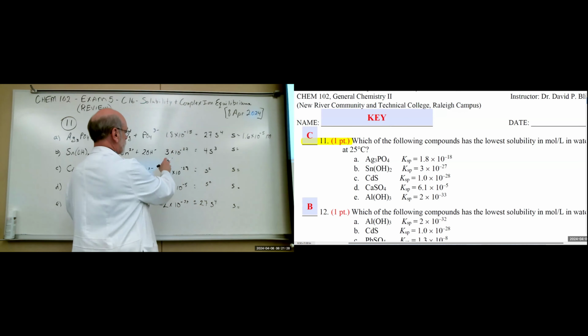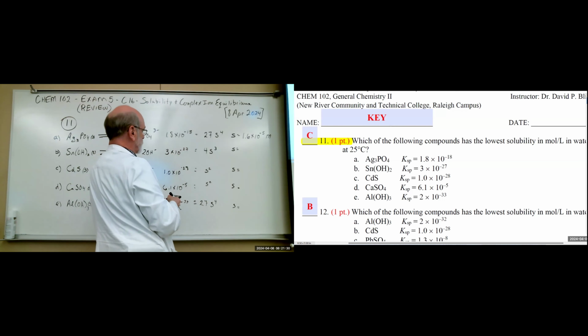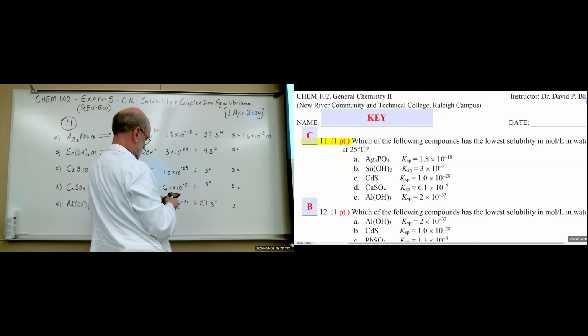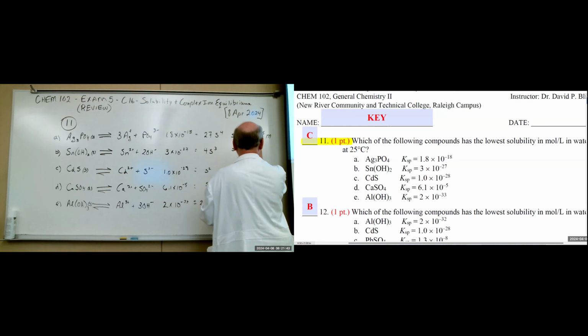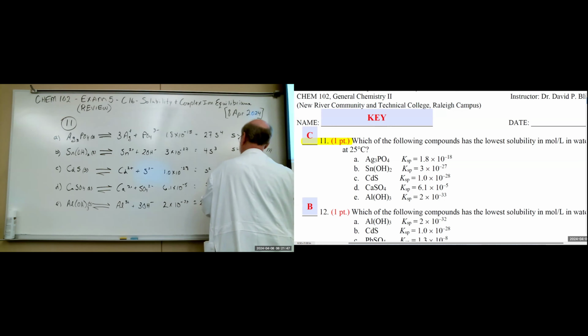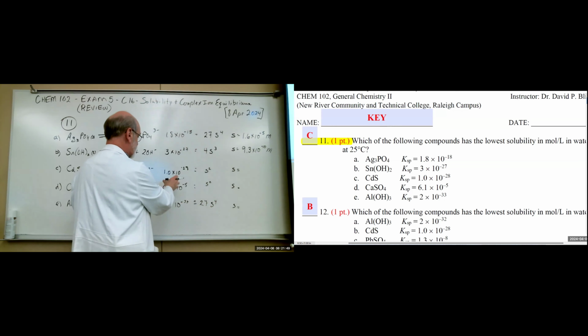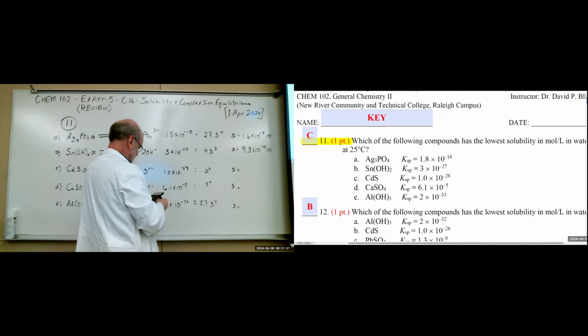Okay. Now we're going to divide this one by 4 and take the 3rd root. And I get 9.3 times 10 to the minus 10. Okay. And this one, you just take the square root.